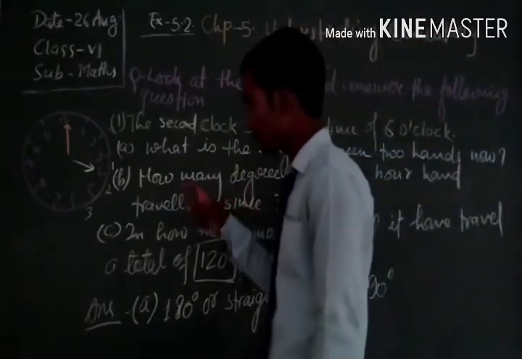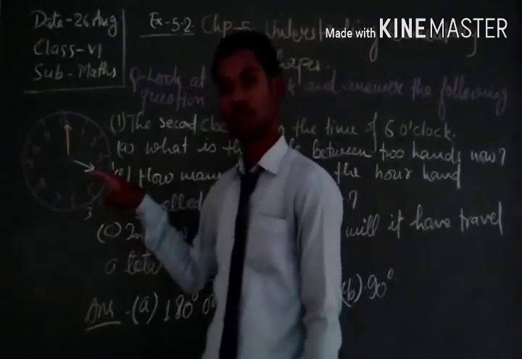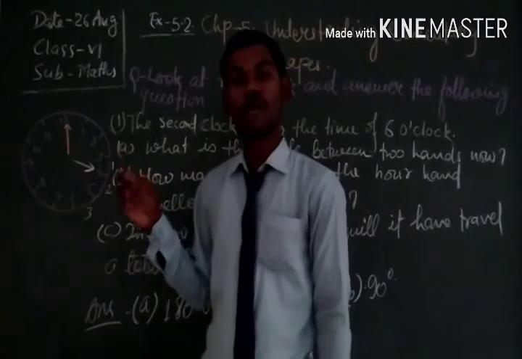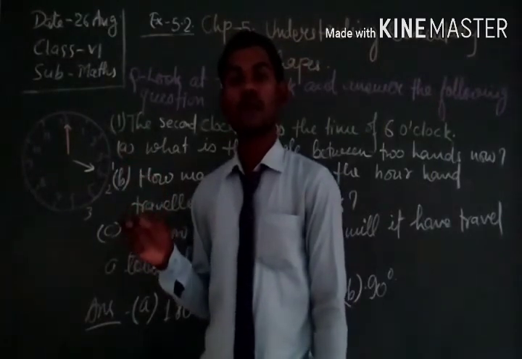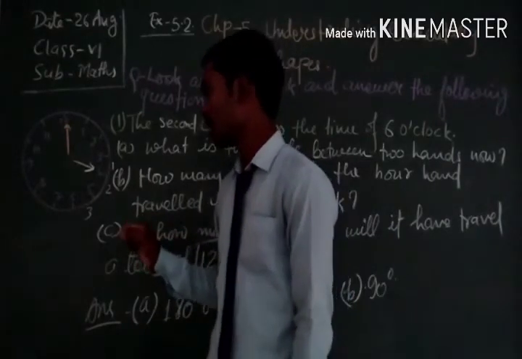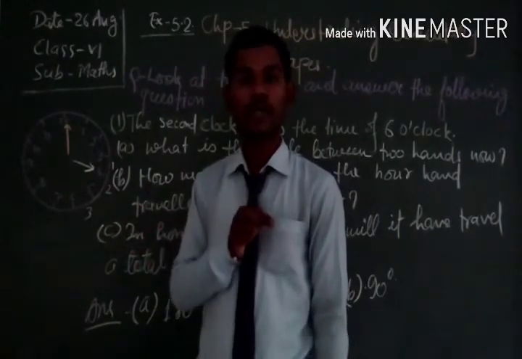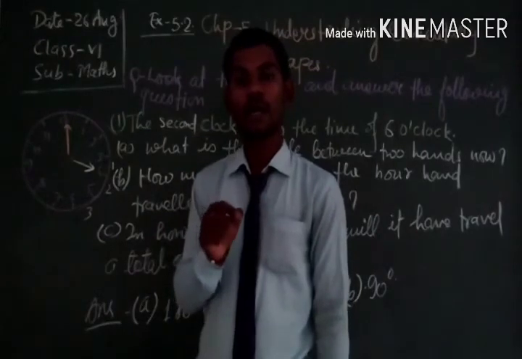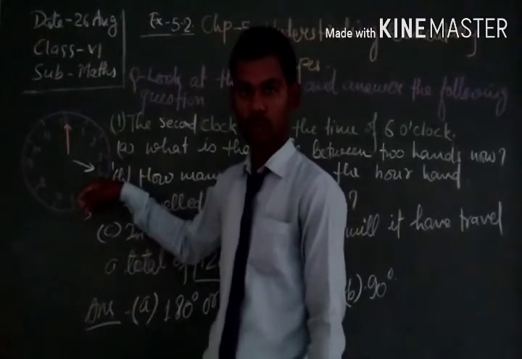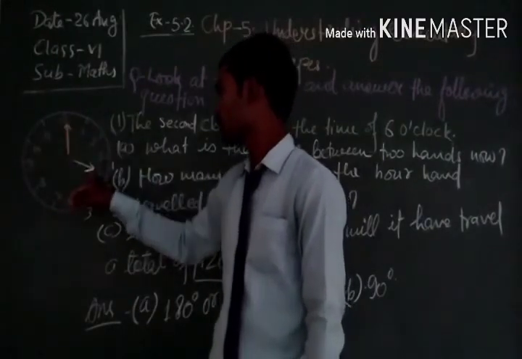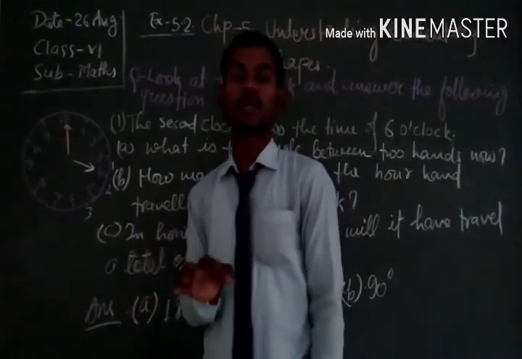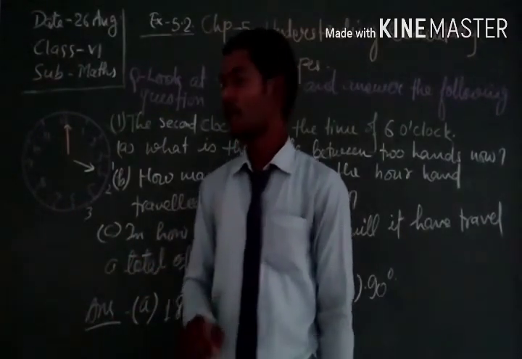So initially, at the starting, when we start the question, we have seen that the time was 3 o'clock. And in order to form 120 degrees, the hand just moves and reaches the point 4. So from 12 to 4, the hour hand crosses 4 equal parts, so there is an angle of 120 degrees formed.